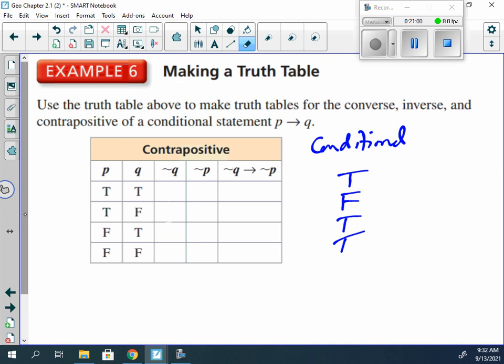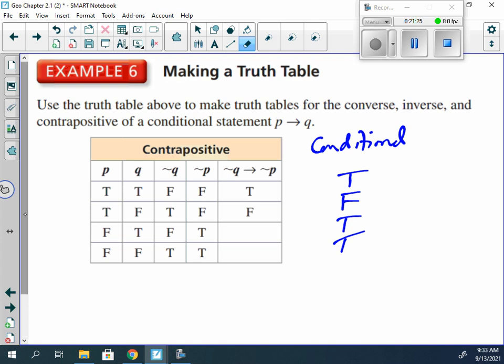Now not Q, so true, false will be false, true, false, true. Not P would be false, false, true, true. Well, not Q implies not P, so false implying false would be true. True implying false would be false.